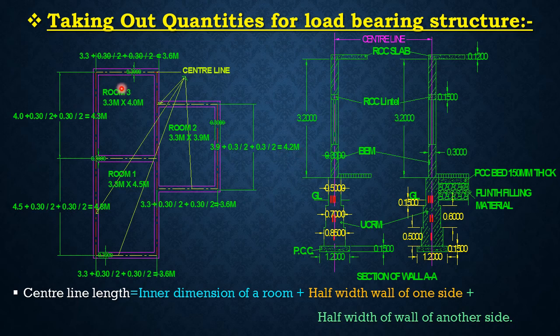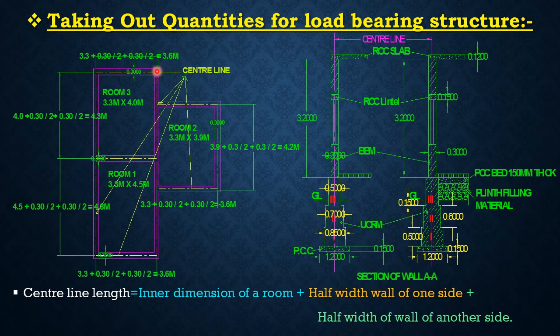For room number 3, the room size is 3.3 meter by 4 meter. This is 3.3 meter. Half width of wall 0.30 divided by 2 on this side, and half width of wall 0.30 divided by 2 on this side.